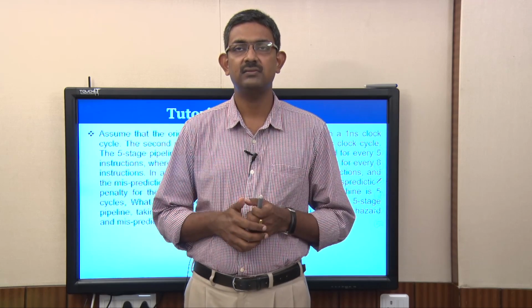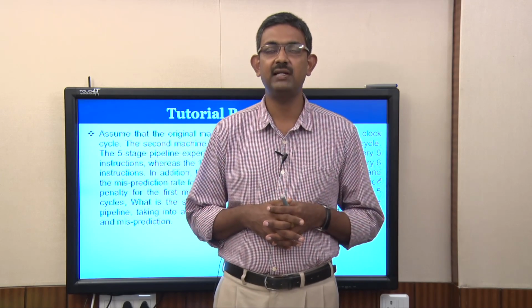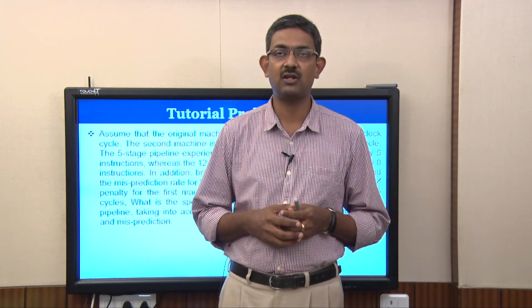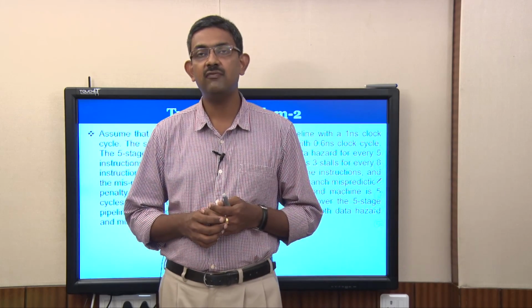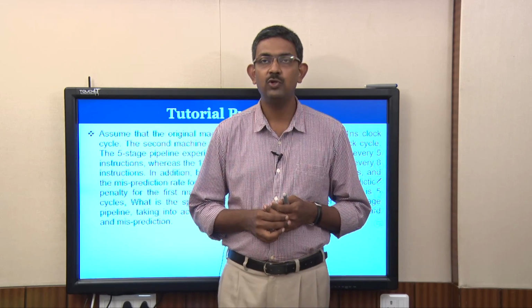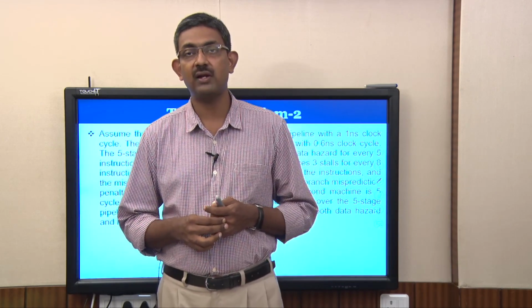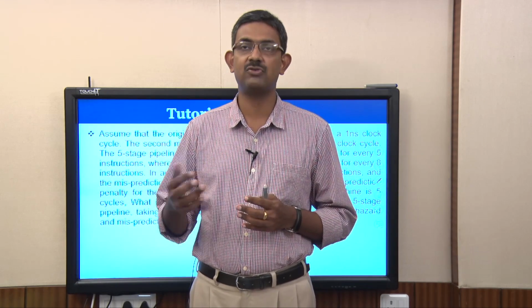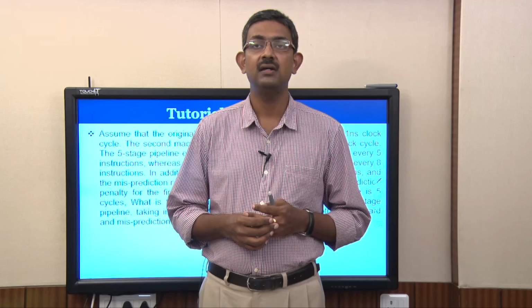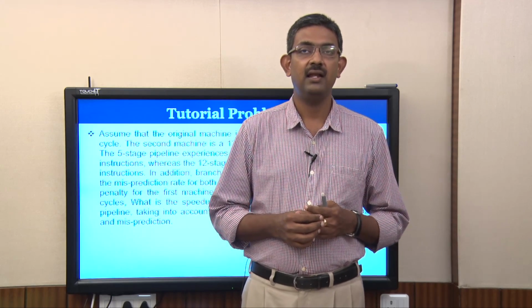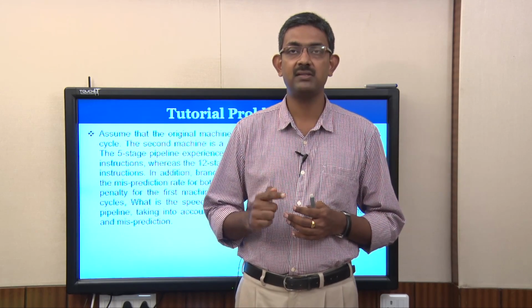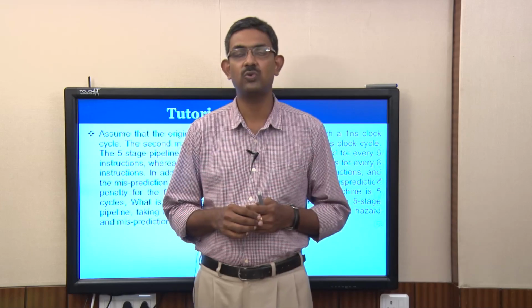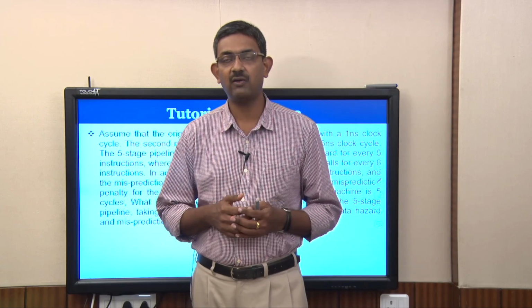So the meaning is completion of 5 instruction will take 5 plus 1, that is 6 clock cycles. Similarly, for the 12-stage pipeline, you have 3 stalls for every 8 instruction. So when you do 8 instruction, there are 3 more stalls. The meaning is 8 instruction will take 11 cycles. 11 means 8 plus 3, 11 cycles to complete. So that is the aspect of data hazard.